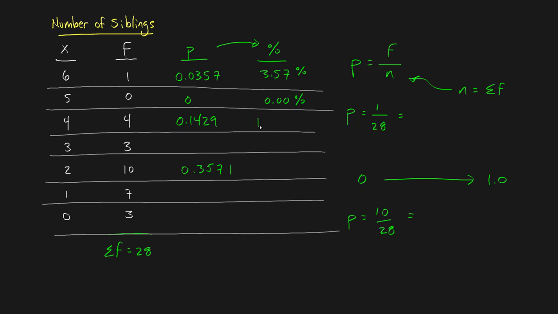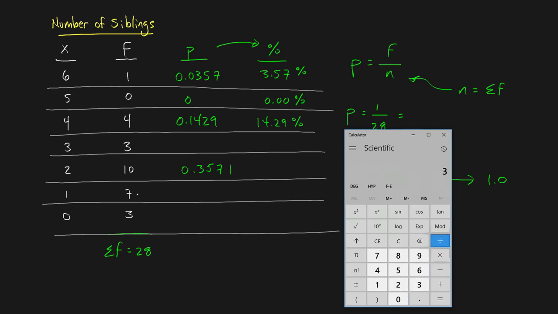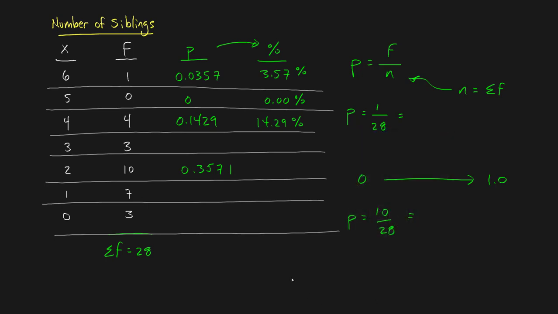So this is 14.29%. And 3 divided by 28, that's 0.1071. And so that's going to be 10%, or a little bit over 10%.